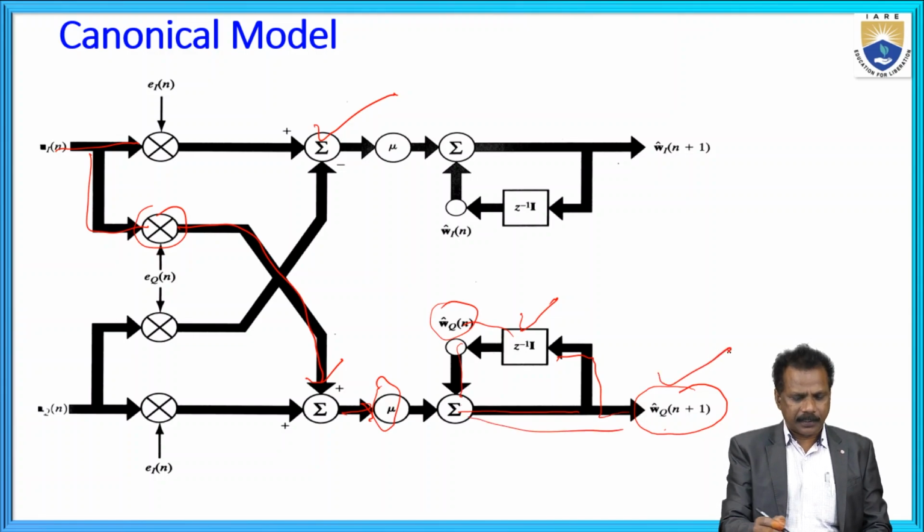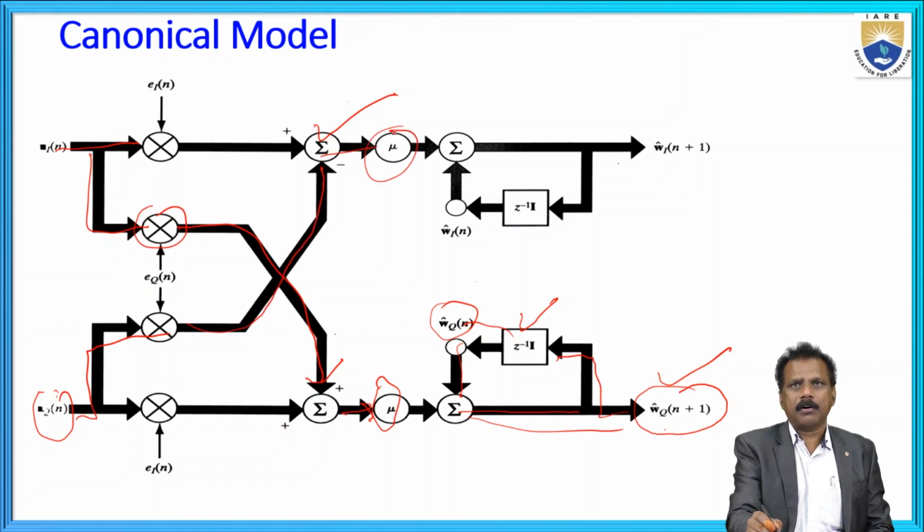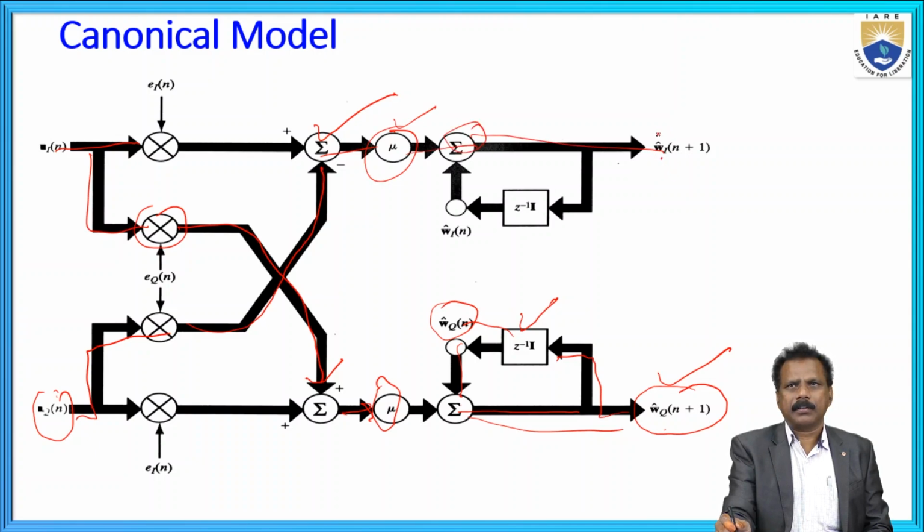This is one aspect, where u of n is given to this one, right, to verify how that mu value varies. It is given to this one. Finally, to verify if there is any complexity or maybe any error, it's like this.